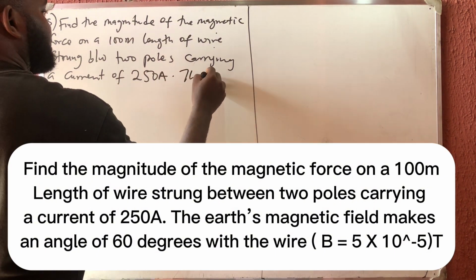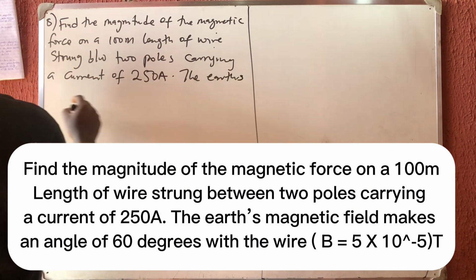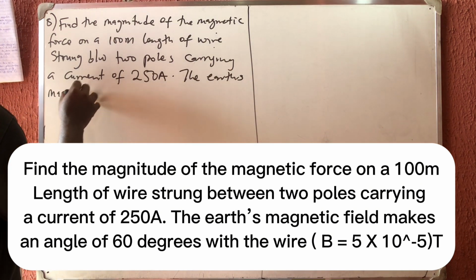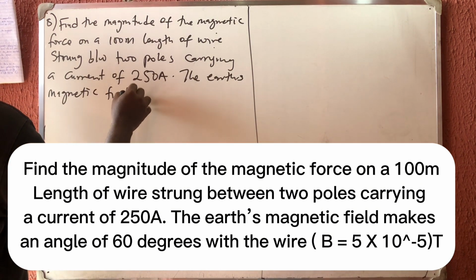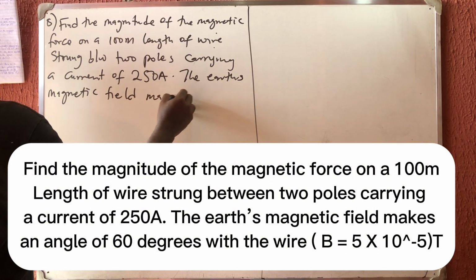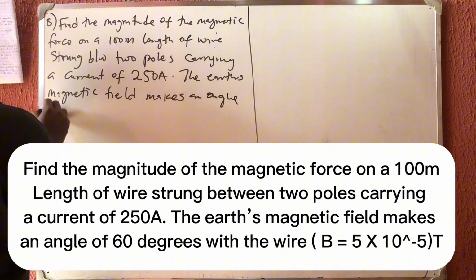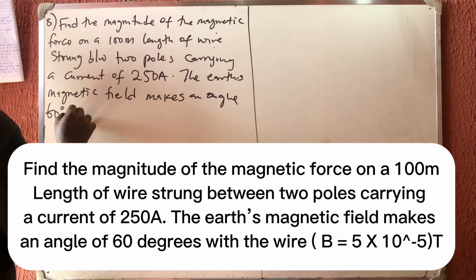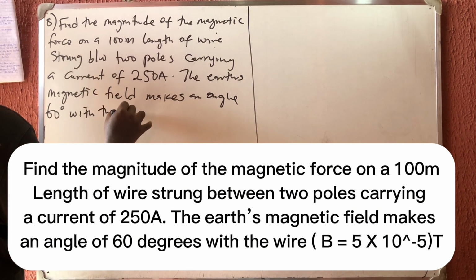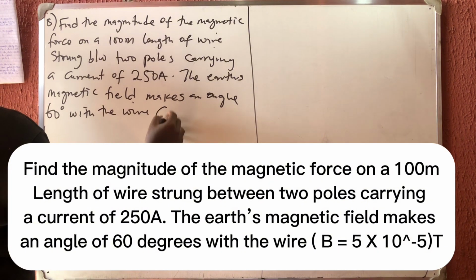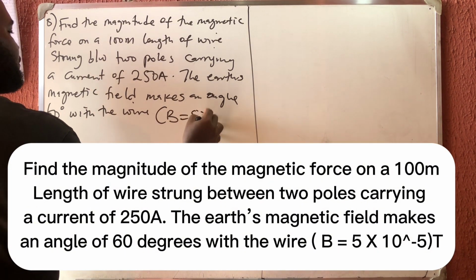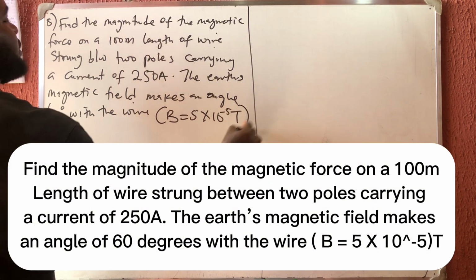Then it says the earth's magnetic field makes an angle of 60 degrees with the wire, and that B is equal to 5 times 10 raised to power minus 5 tesla.